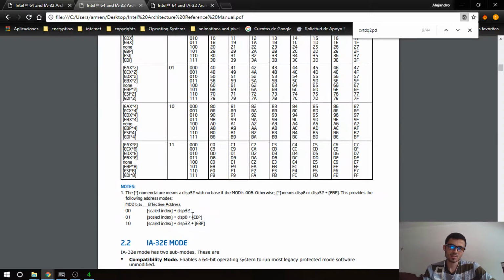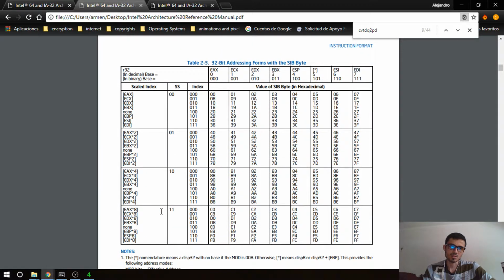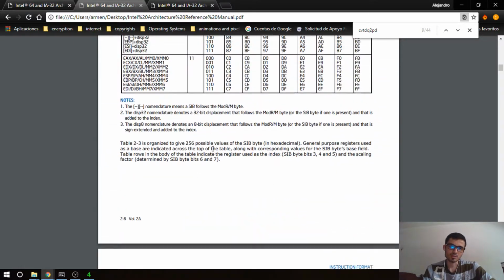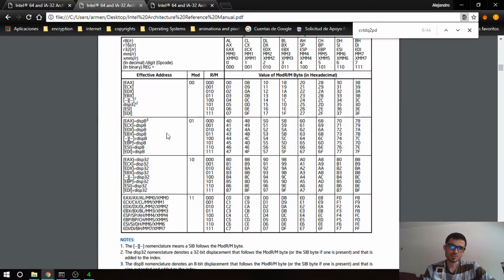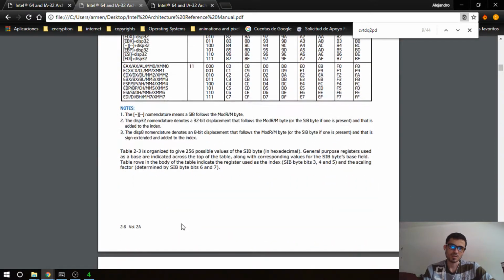That's special, it's for the EBP register. You can encode displacement in its case, or if you want to choose the other kind of displacement for 32, that can be encoded inside the ModRM as well.